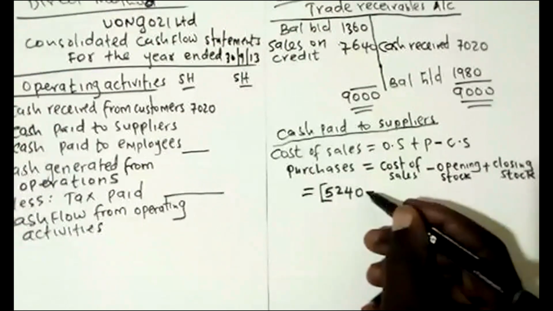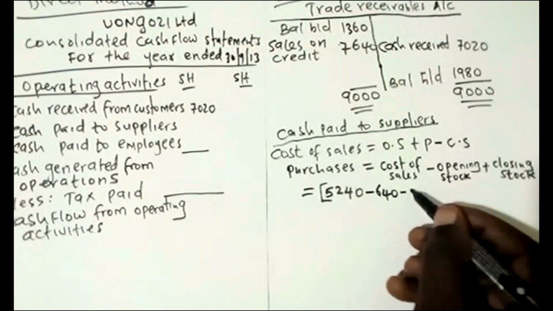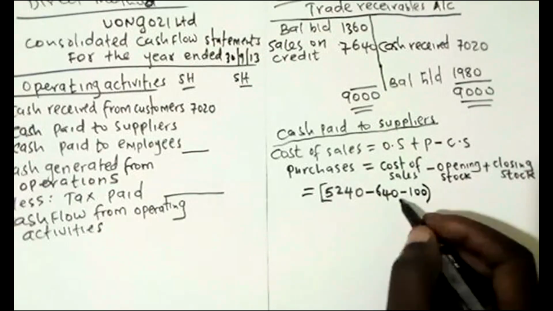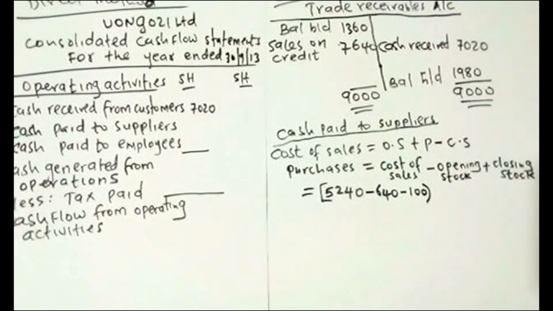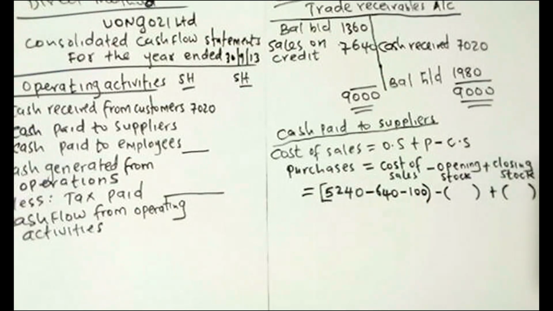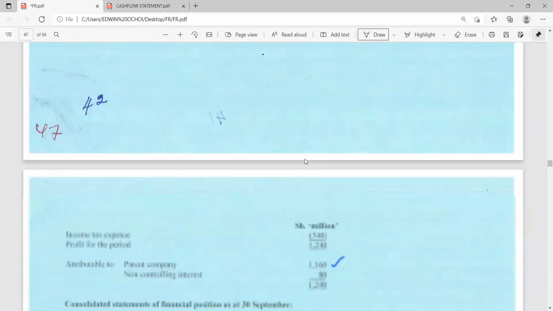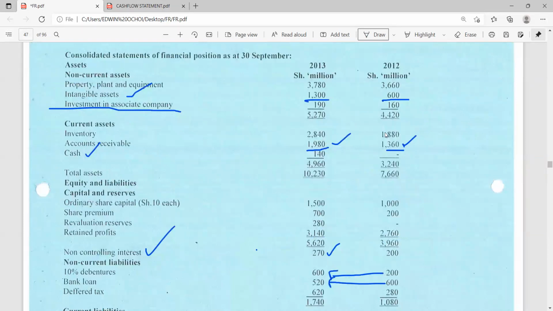So we have to deduct them here. Depreciation was 640 and loss on disposal was 100. These two are included under the cost of sales. We minus our opening stock, we add our closing stock. Opening stock is the stock for 2012 and the closing is the stock of 2013. Inventory as at 2012, 1880.